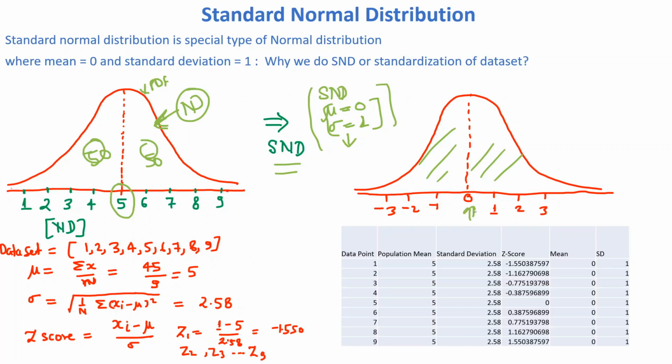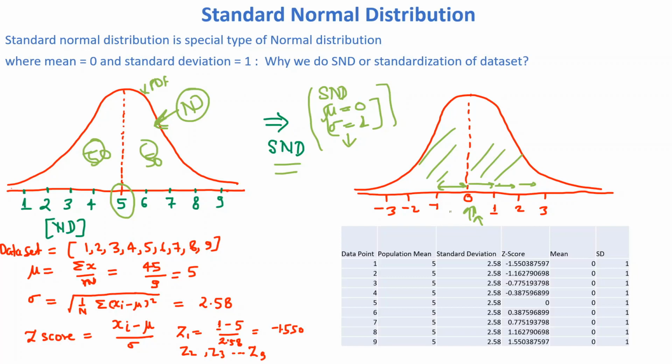Mean, median, and mode lie at the center. And one more thing, standard deviation should be 1. You check 1, 1, 1. We have standard deviation 1 for the standard normal distribution data set.